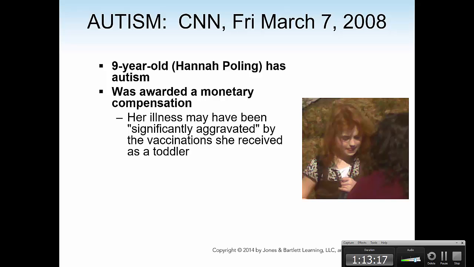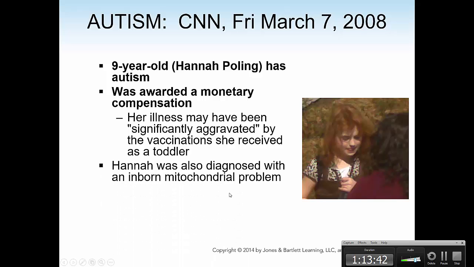But in the courtroom, people also have emotions. And everybody was caught up in the anti-vaccine frenzy. So the argument was that her illness, and she had other problems, had been significantly aggravated by vaccines that she received as a toddler. But understand, she was born with a mitochondrial problem.